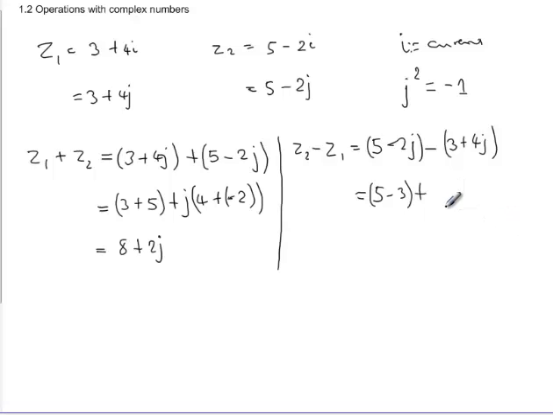Then I take my numbers with their signs as they are given. The numbers are minus 2, minus 4, j. As you can see, this side I've written j that side, and this side I've written j the other way around. It doesn't matter.